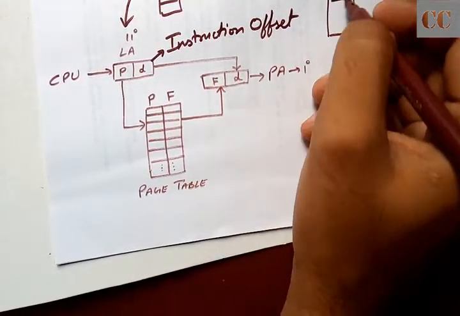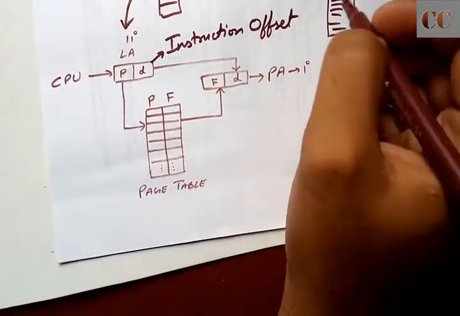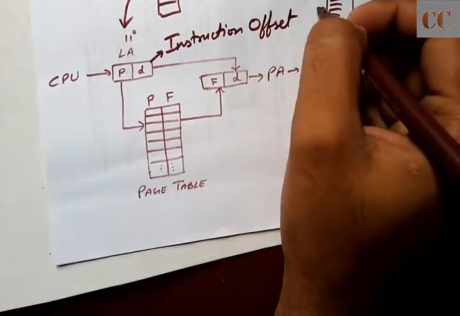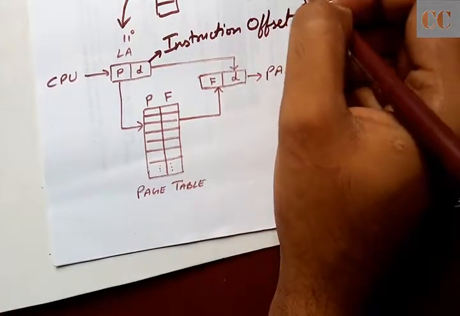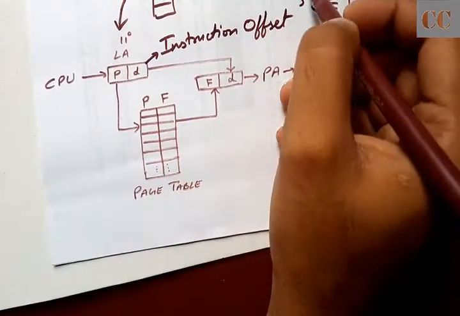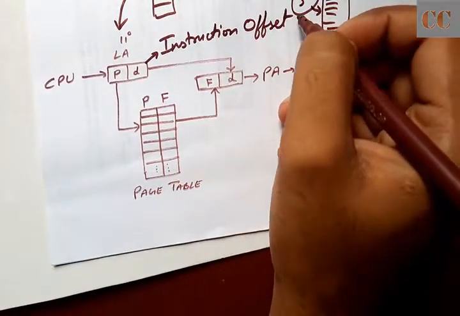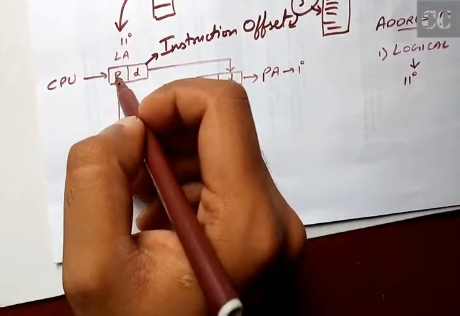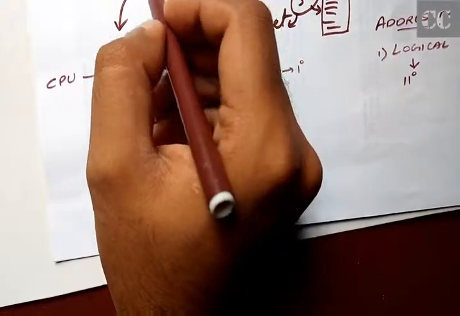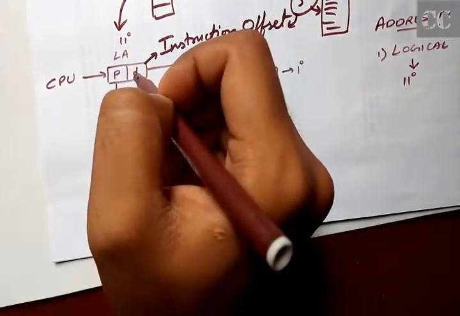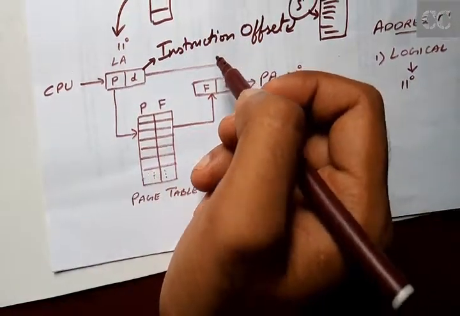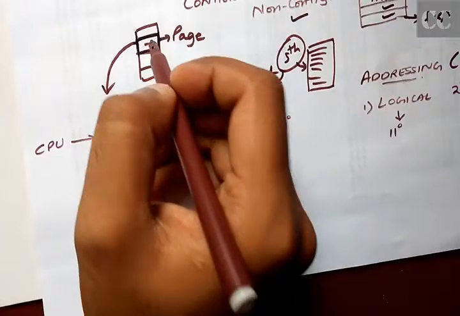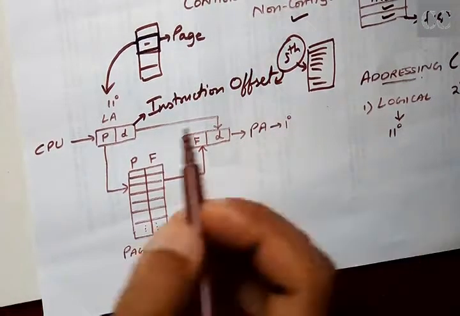When there are so many instructions, if the CPU has to execute the fifth instruction specifically, the number of this instruction is provided here as an offset. So the page corresponds to the overall location, and D, the instruction offset, corresponds to the individual instruction available inside the page. It is as simple as that.